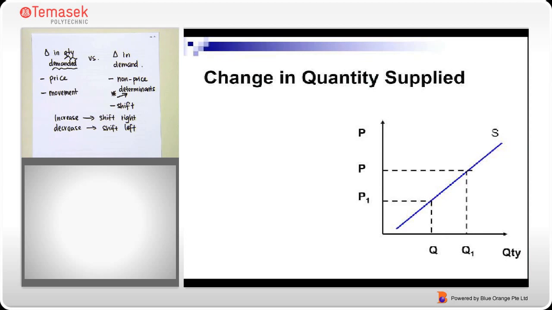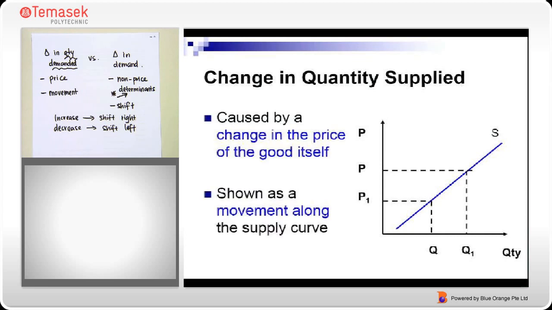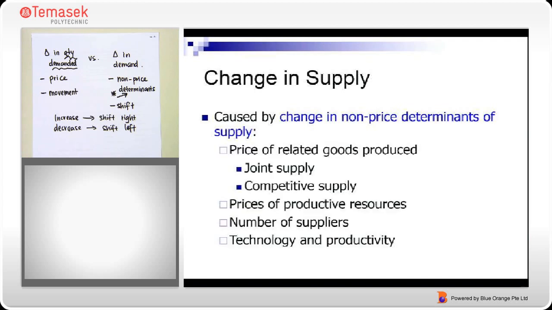So change in quantity supplied is caused by change in the price of the good itself, and is shown as a movement. So change in supply will be caused by non-price determinants, and these are the non-price determinants of supply.